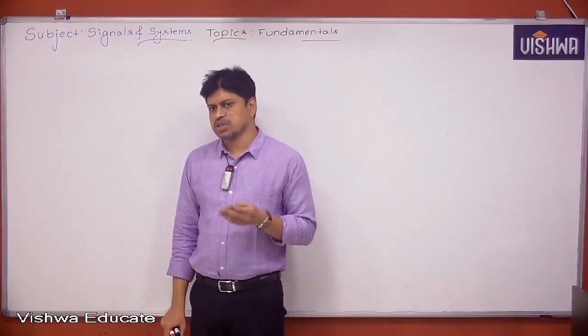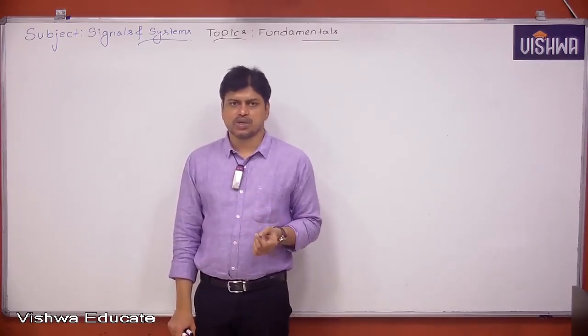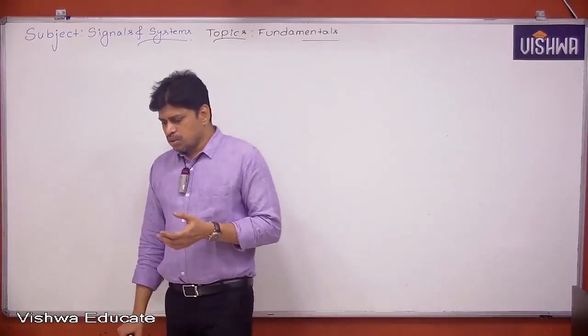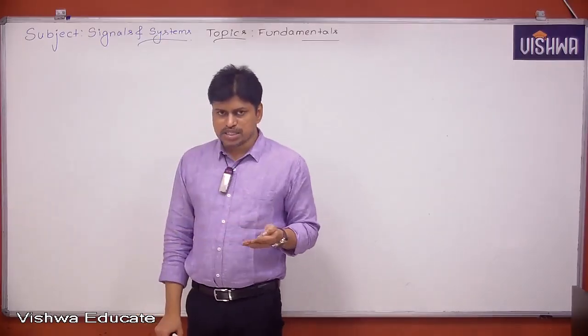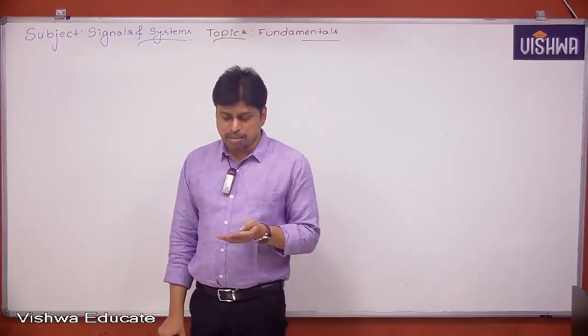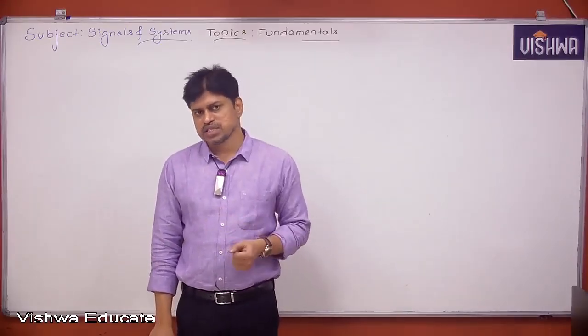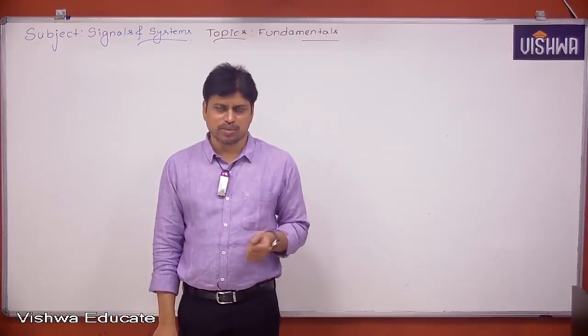Let's talk about another way to classify signals, which is analog signal and digital signal. Whatever we have seen so far is information on the time axis, that means based on the time information we can divide signals into continuous time signals and discrete time signals. That is one way.